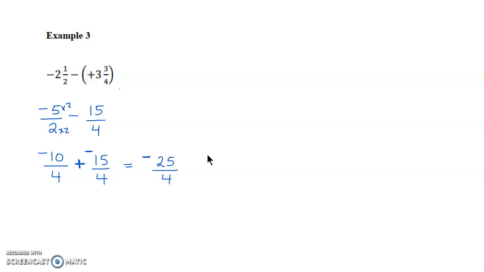We do need to change this improper fraction back to a mixed number. So how many times does 4 go into 25? And remember, the answer will stay negative. 4 goes into 25 6 times, with 1 left over out of 4. So our answer here is negative 6 and 1 fourth.